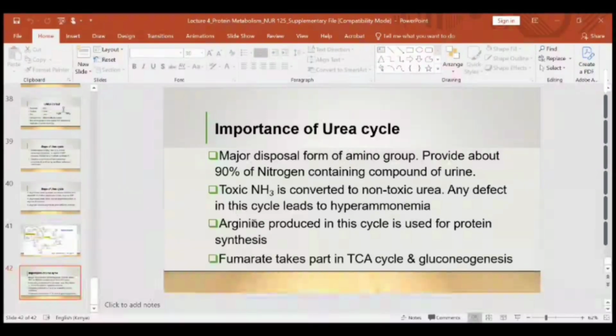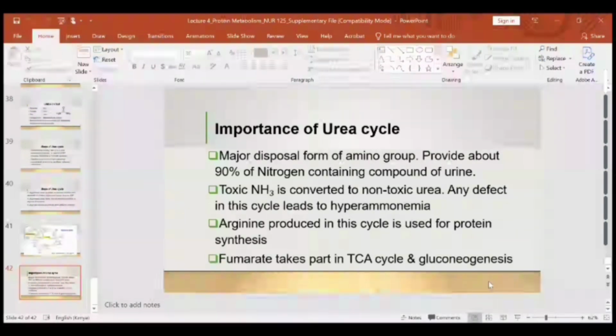Once you break down arginine, you can produce urea and ornithine. Also, this can produce fumarate, and fumarate can take part in the TCA cycle, but can also undergo gluconeogenesis. So the urea cycle is also important in that sense. It can be utilized in generating energy.